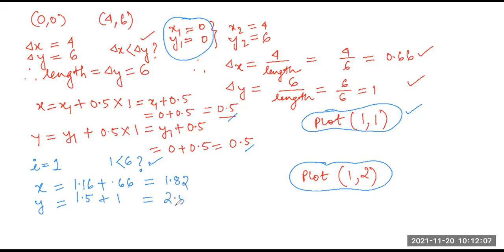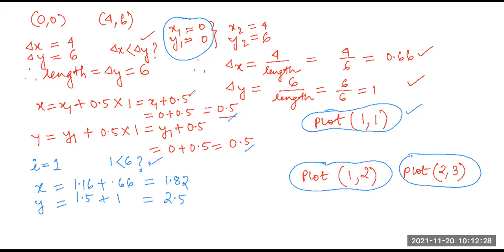So if I approximate these values, what are the points we will plot? Ma'am, 2 and 3. Right, 2 and 3. Perfect. So this is the third one which we got, 2 and 3.